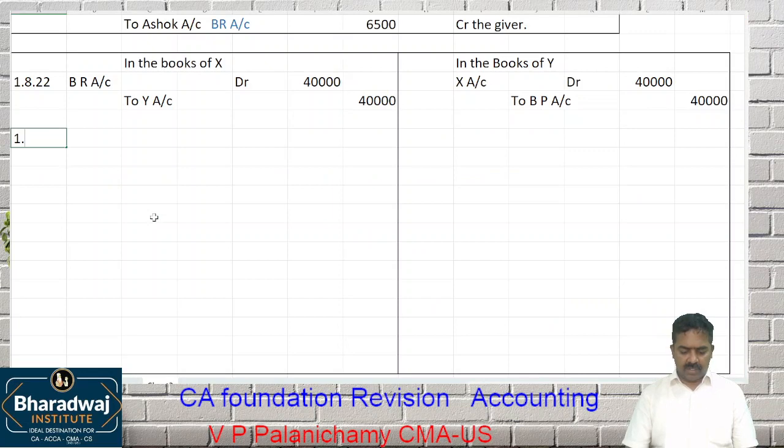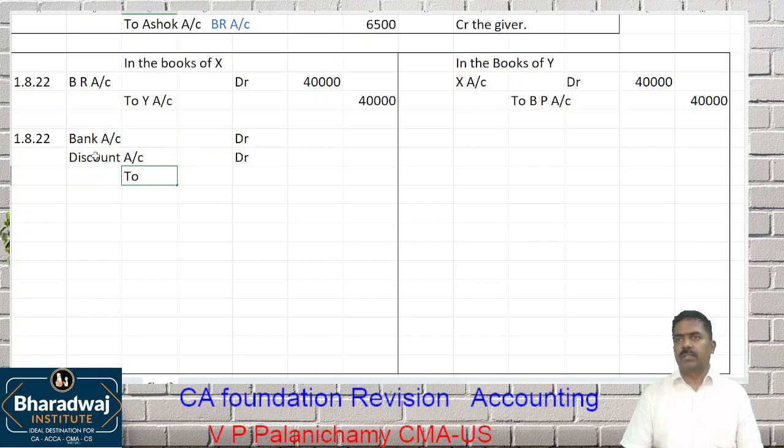On the same date, 1/8/2022, the bill is discounted. What is the entry for discounting the bill? Bank account debtor. Discount account debtor to which account?